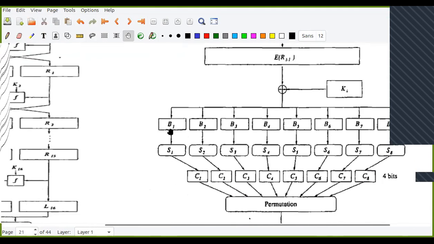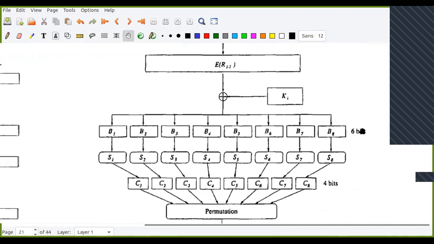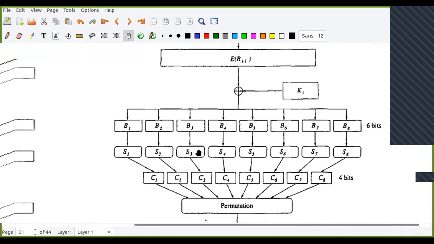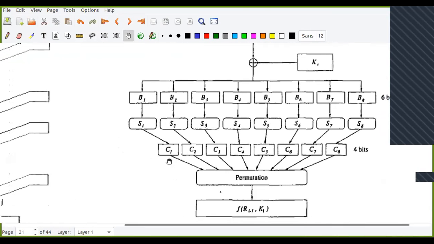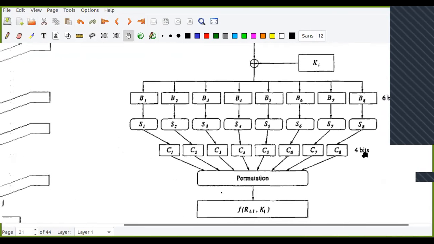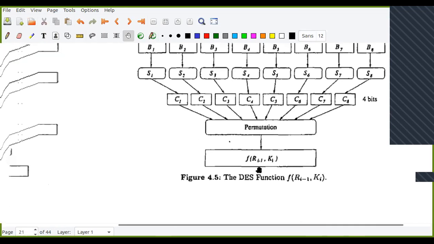Now we have blocks B1, B2, B3, B4, each of size 6 bits. We apply S1, S2, S3, S4 up to S8, and get C1, C2, these 4-bit outputs. Then we do a permutation and we get the output, which we call f of R(i-1), Ki.